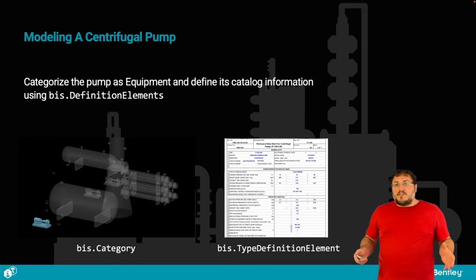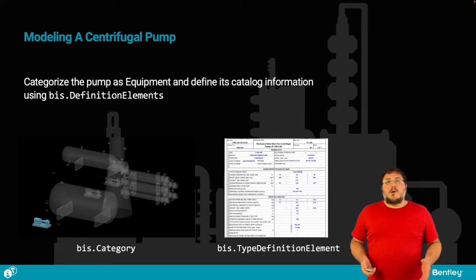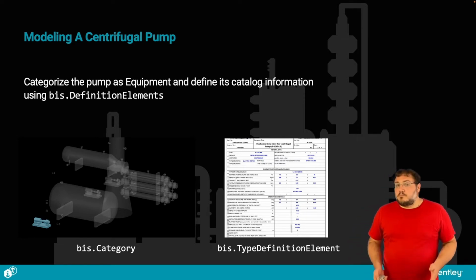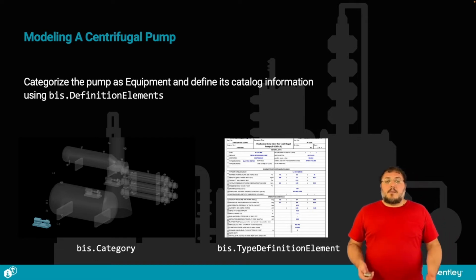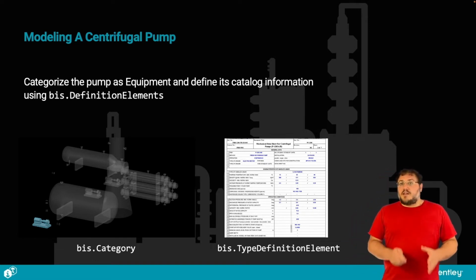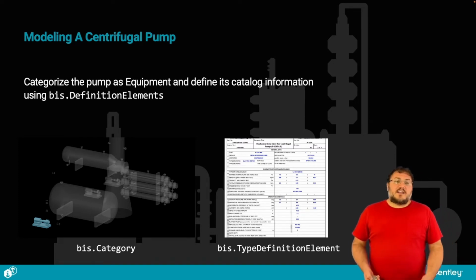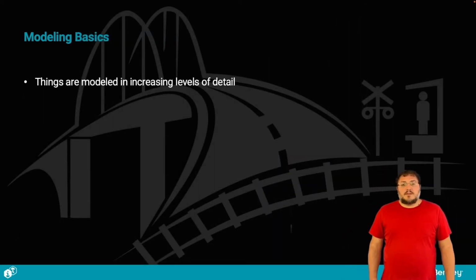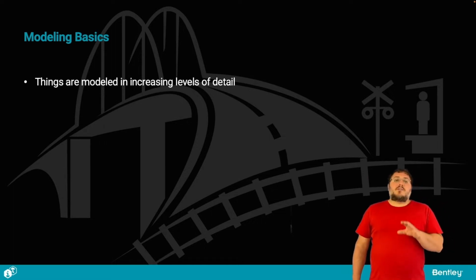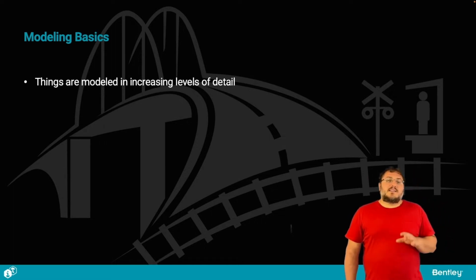So with all of these multiple elements connected together, we get a really rich view of this one single pump. And remember, this is all discoverable and queryable because we're using standard relationships to connect the elements and standard base classes, so we understand that something's a physical element or a functional element or a type definition element.